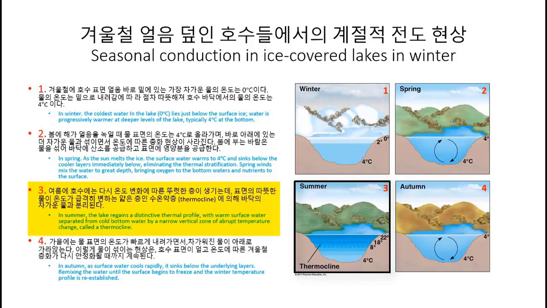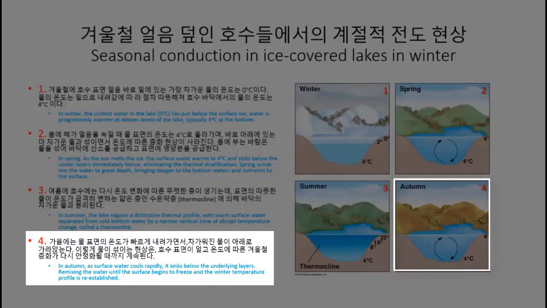In summer, the lake regains a distinctive thermal profile with warm surface water separated from cold bottom water by a narrow vertical zone of abrupt temperature change called a thermocline. Autumn. Number 4. In autumn, as surface water cools rapidly, it sinks beneath the underlying layers, remixing the water until the surface begins to freeze and the winter temperature profile is re-established.